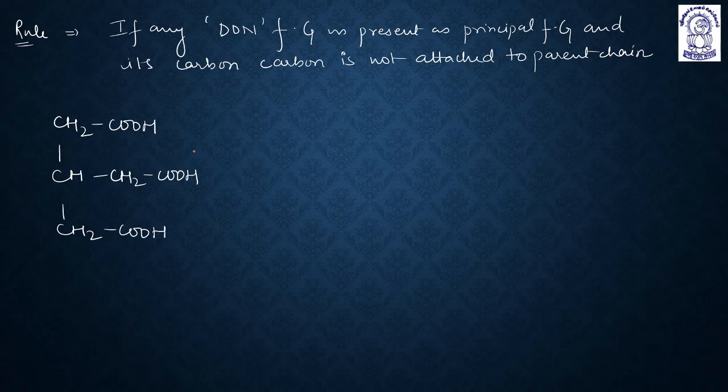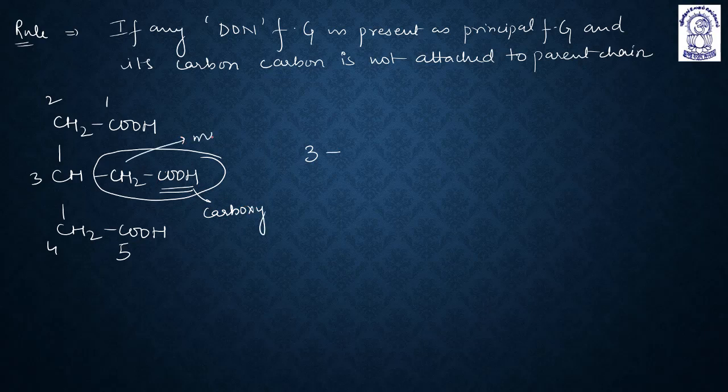Now in this case, for the first time you will use the prefix for this group, that is COOH. So it comes to be 3, because 1, 2, 3, 4, 5. 3-carboxymethyl. The prefix for COOH is carboxy, and for this the prefix is methyl.